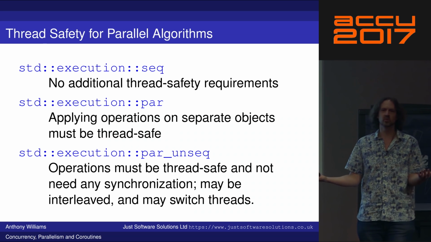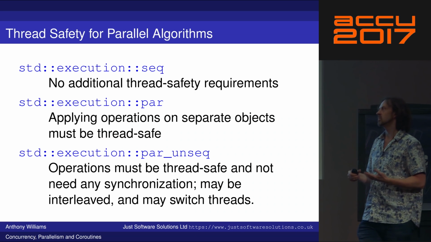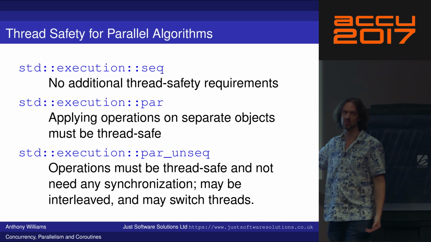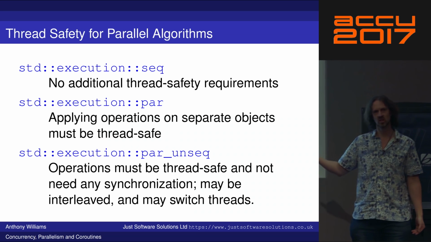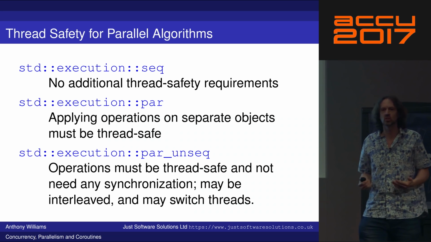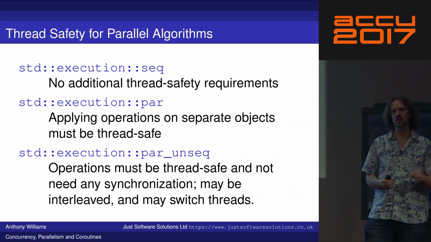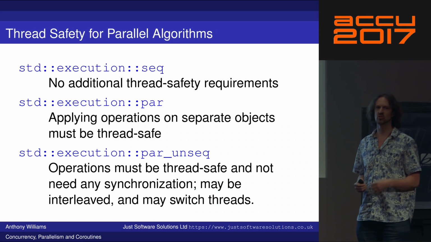And if you're using a mutex lock, that's undefined behavior and it's going to mess everything up. So this is the big restriction where you really have to know what your things are doing if you're going to use the parallel unsequenced execution policy. But there is potential for the implementation to squeeze that little bit of extra performance out if you've got an implementation that really knows your platform well.